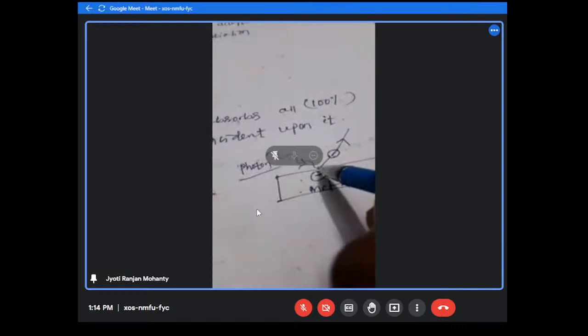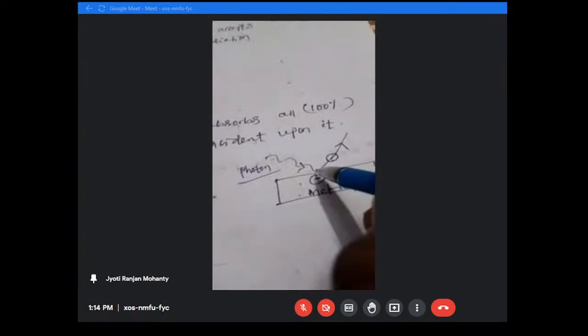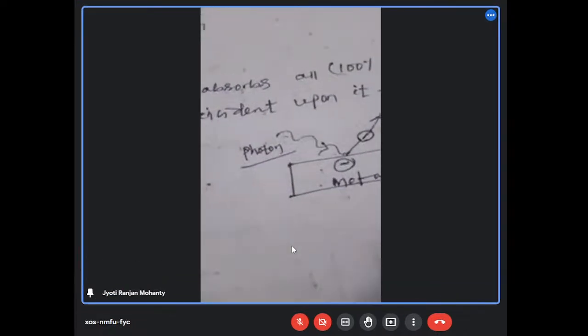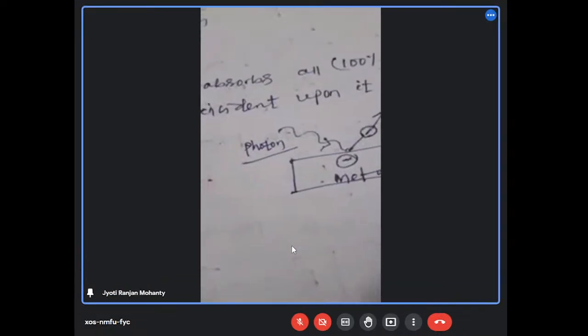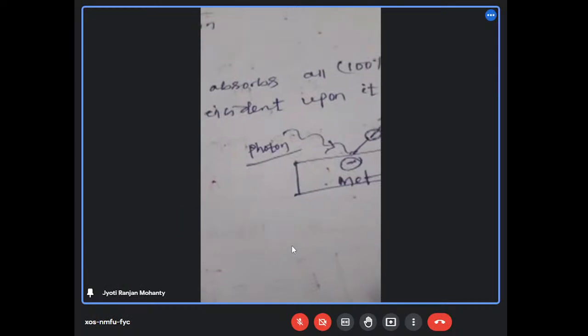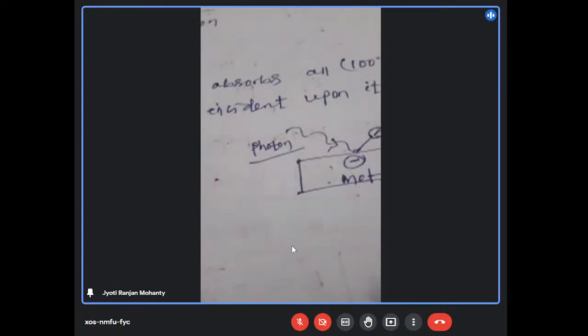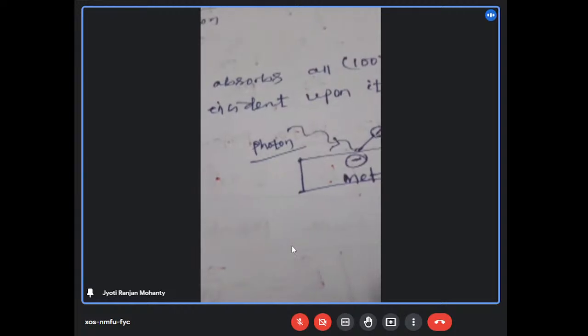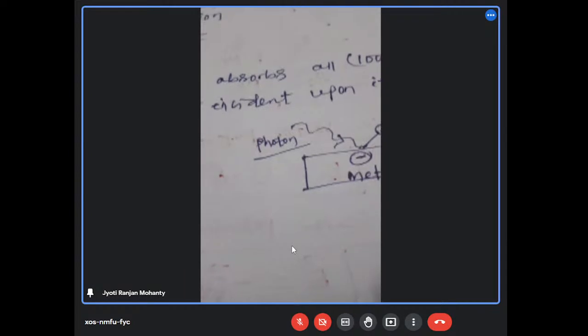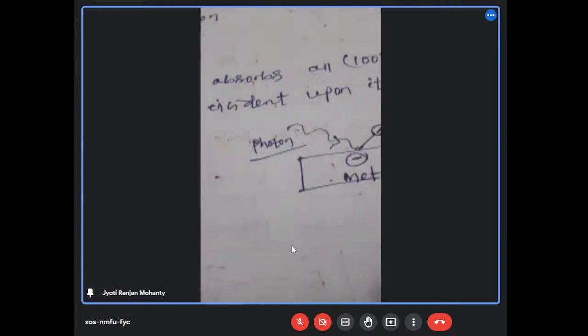And after receiving the energy, what does suitable frequency mean? Suitable frequency means, don't think that you bring the torch light or your candle light, you incident upon iron, the electrons will be emitted. No, we have to choose a suitable frequency. That suitable frequency is known as threshold frequency.